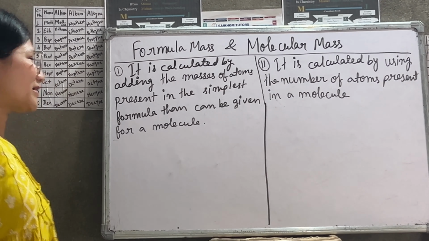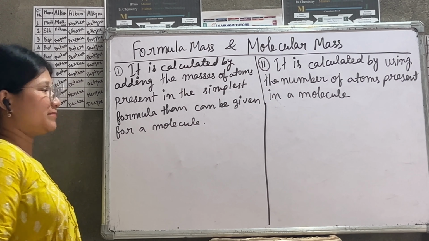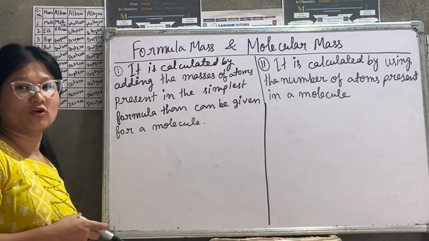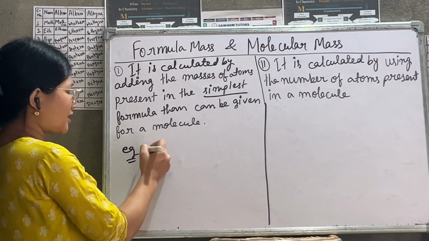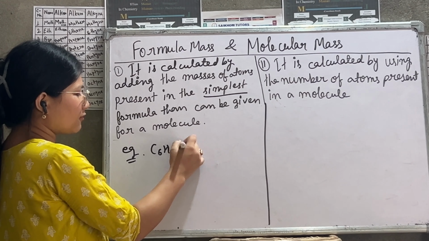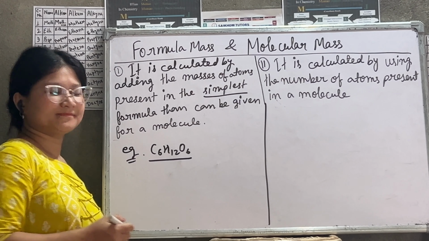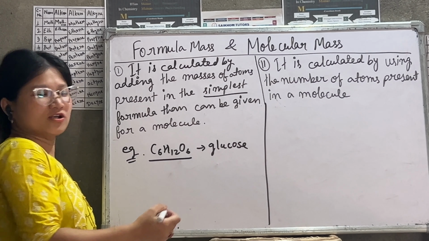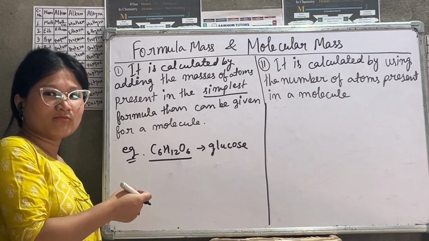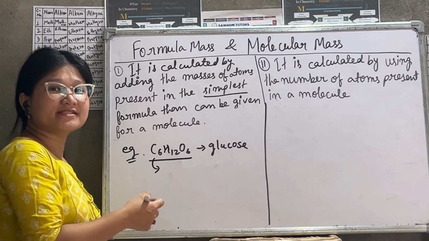In formula mass, it is calculated by adding the masses of atoms present in the simplest formula that can be given for a molecule. Means when there is a molecular formula like C6H12O6, which is glucose, first you need to convert this into the simplest formula.